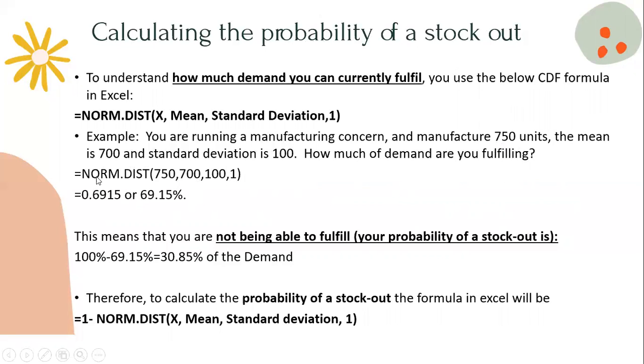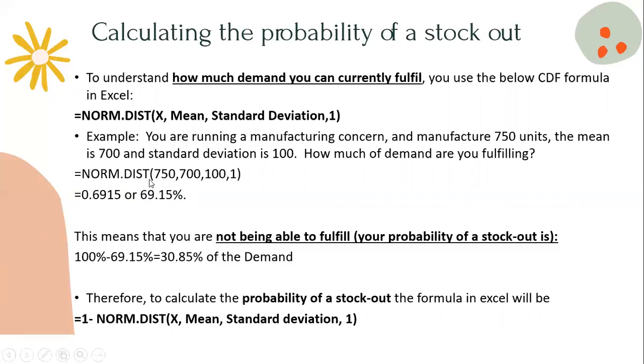And for that, you have to use this formula, which is NORM.DIST, and you put in 750, which is the value you're producing, comma 700, which is the mean, comma 100, which is the standard deviation, comma 1, you close the brackets, and your answer will be 0.6915, and if you want it in percentage terms, it will be 69.15%.